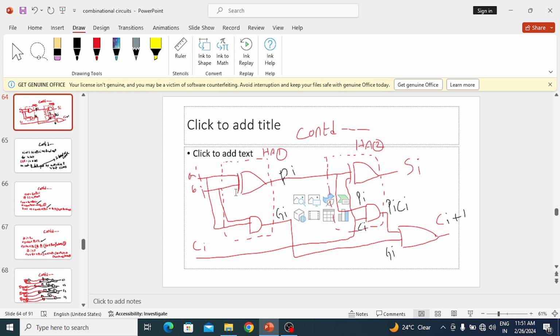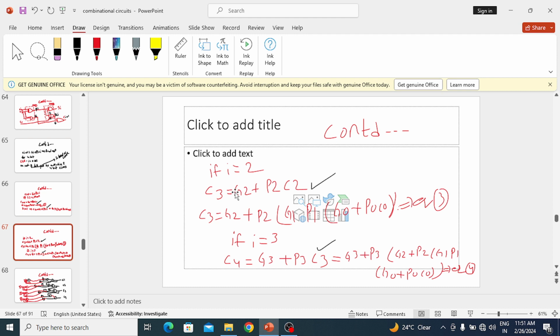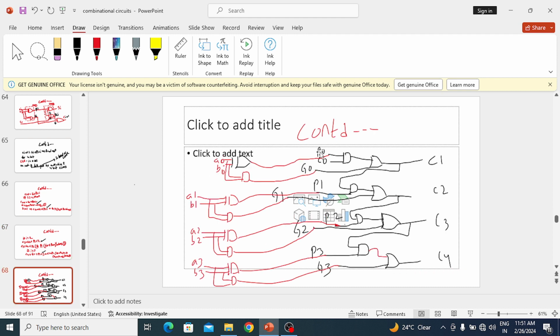Because why I am telling i equal to 0, this equation came when i equal to 0 only, in that sense. So P0 equal to A0 XOR B0: you take one XOR, give A0 and B0, and give the XOR output to P0.